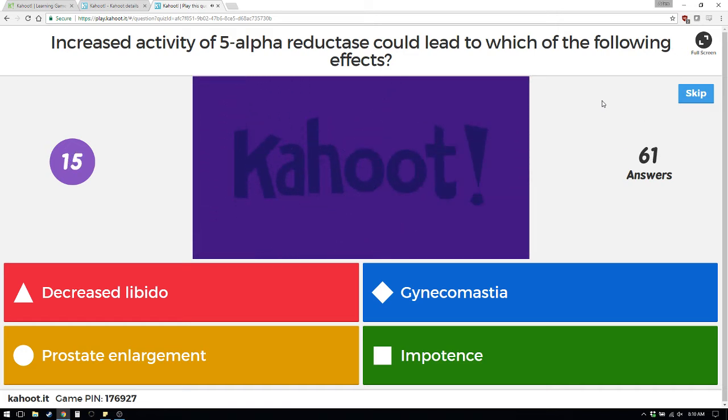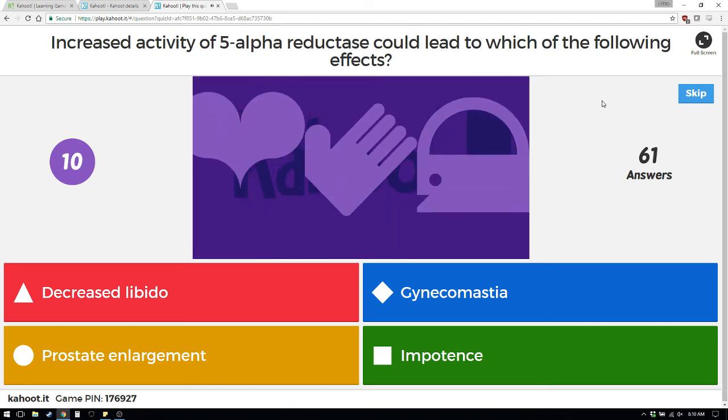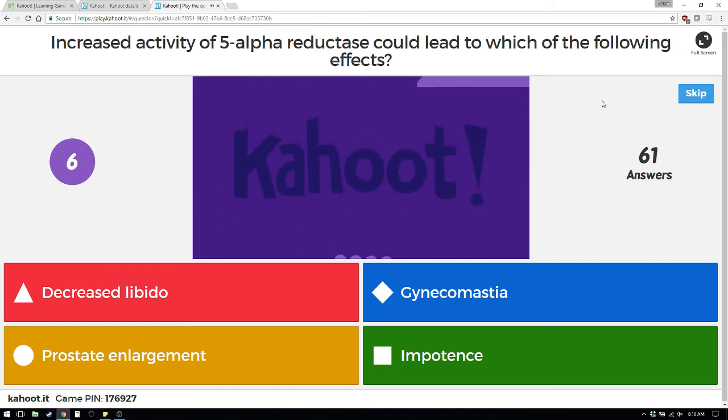The question is, what does 5-alpha reductase do? Makes testosterone? Not quite. Close, but no cigar.